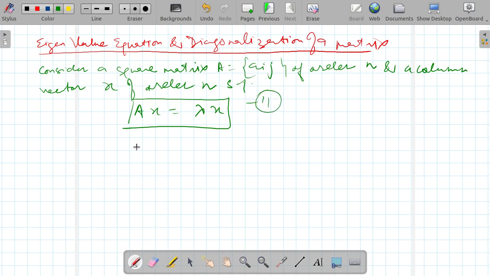This equation is known as the eigenvalue equation. I'm just recapitulating the things. I'm not talking about all these things in more detail because you have all studied it in the BSc course of mathematics.